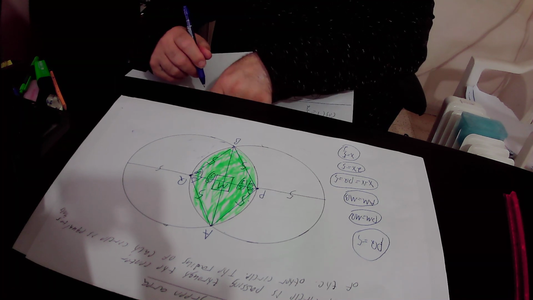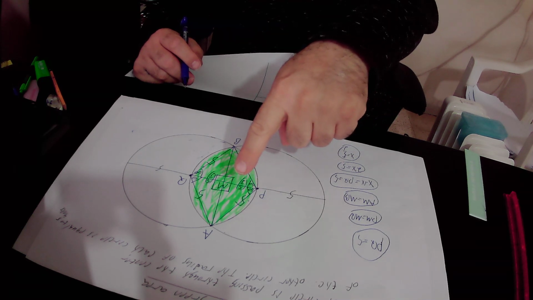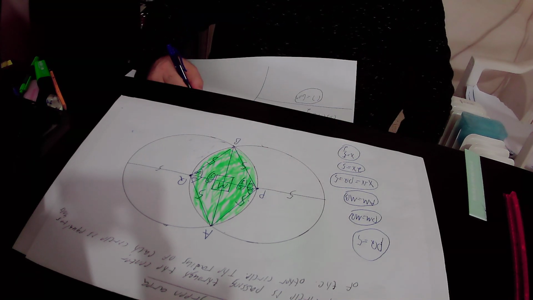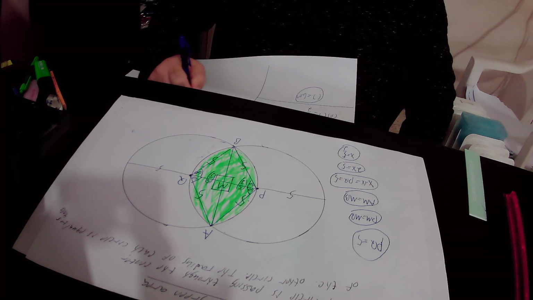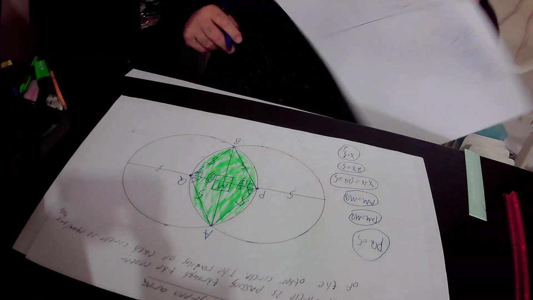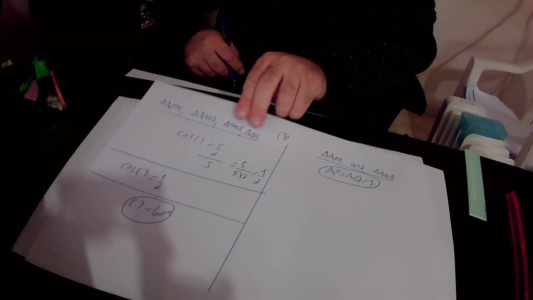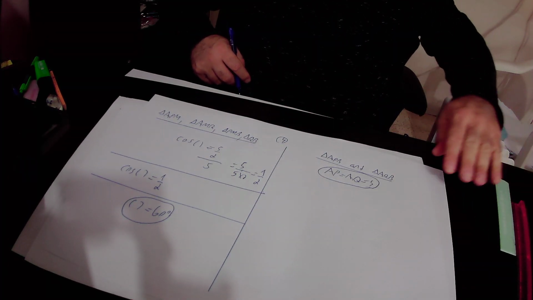Why can those two triangles go into each other? First of all, AP equals AQ equals 5 units. I'll repeat again. AP equals AQ equals 5 units.